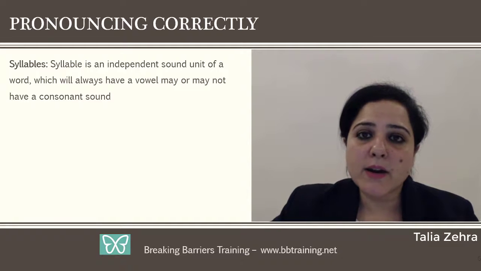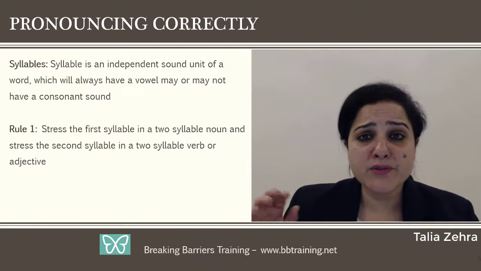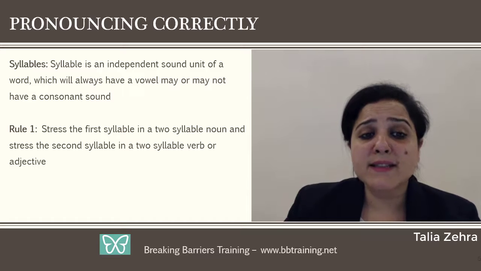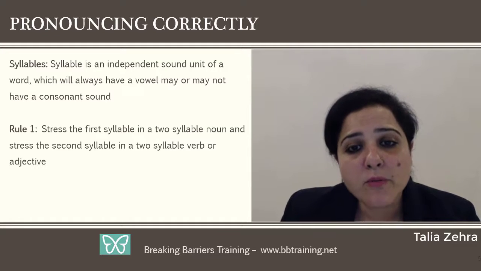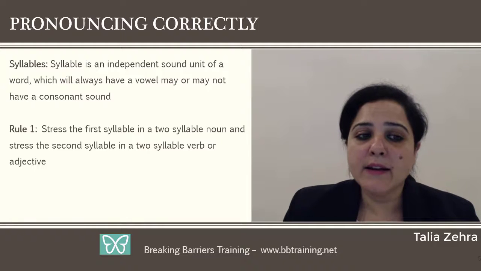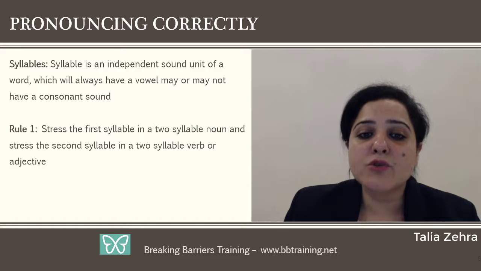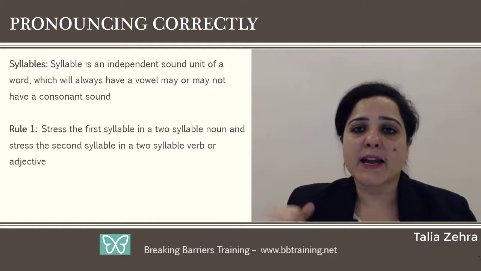Now, let's see what are the rules of syllable. Well, the first rule of the syllable says stress the first syllable in a two-syllable noun and stress the second syllable in a two-syllable verb or adjective.